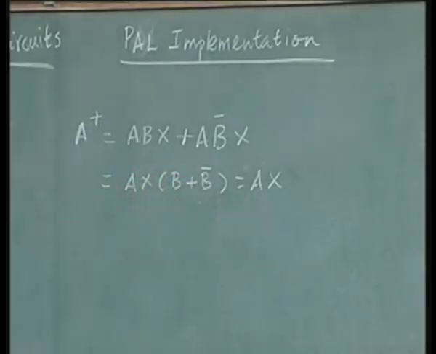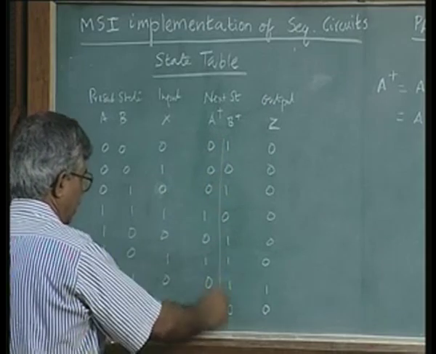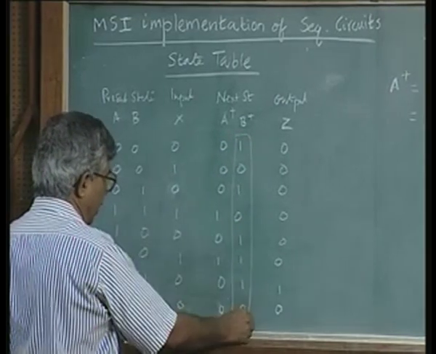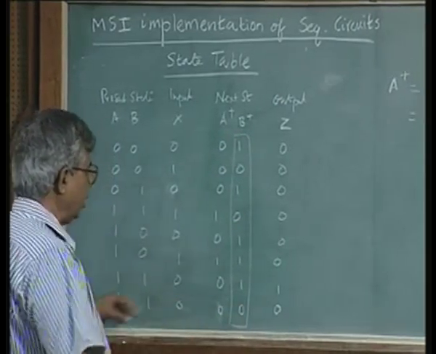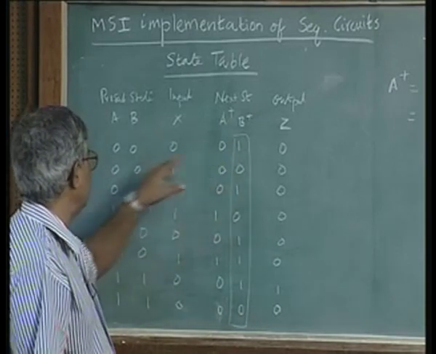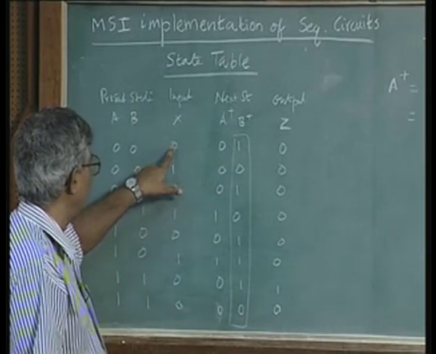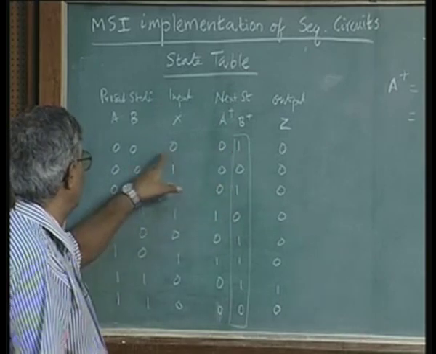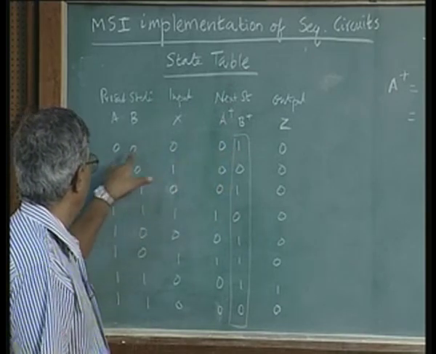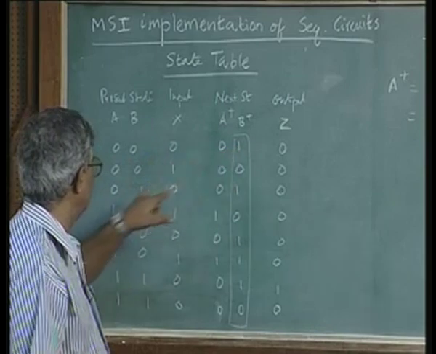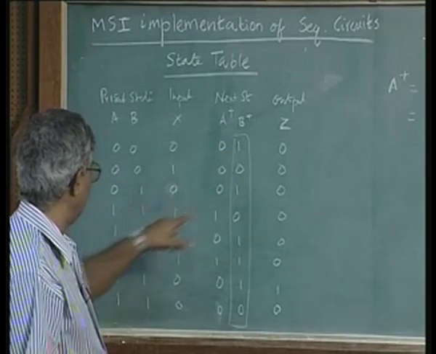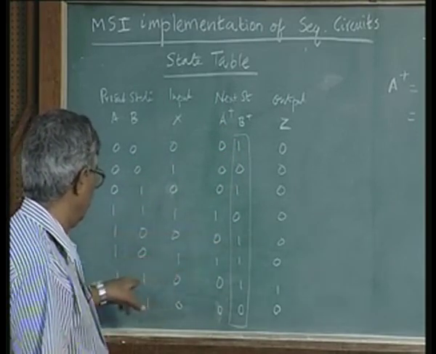Now, look at B plus, the second output required, which is the next state variable B. Look at this very interesting pattern. B plus is 1 whenever X is 0: 0 0, 1; 0 1, again 1; 1 0, again 1; 1 1, again 1.